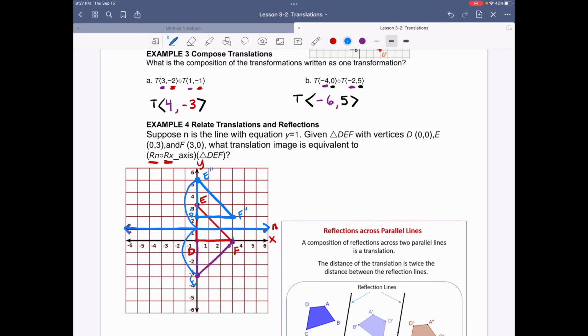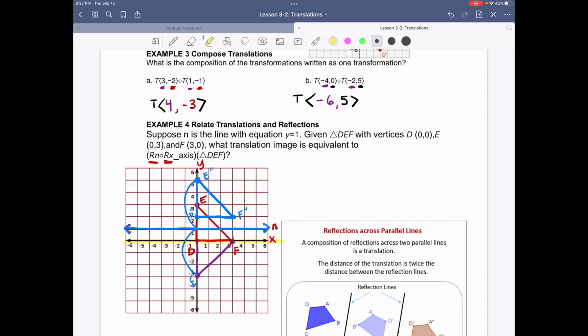So what they are trying to show us here is that if I do a double reflection over the same line or a parallel line, because the x-axis was parallel to line n, see how those are parallel? If you reflect twice over parallel lines, then it ends up just being a translation.